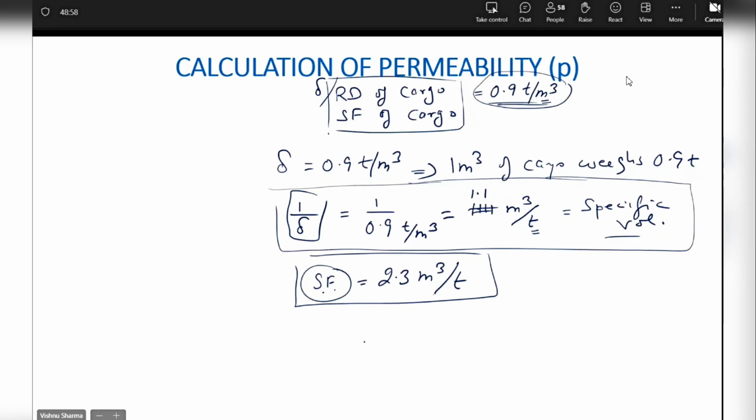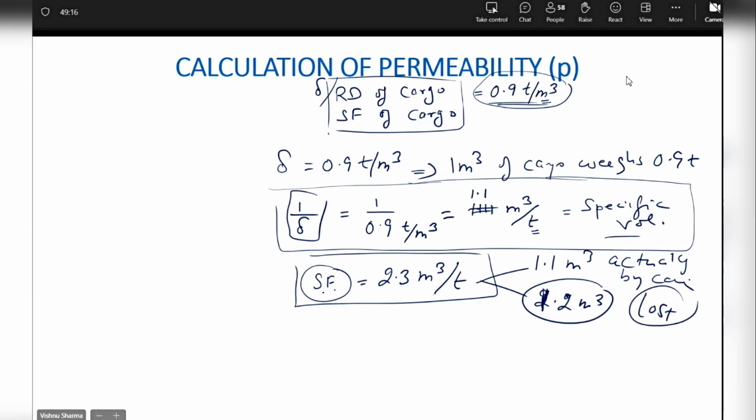Out of this 2.3 cubic meters per ton, 1.1 cubic meter is actually occupied by cargo. The remaining 1.2 cubic meters is lost, is the space lost. That is your broken stowage. Correct? Do you agree with what I have explained? Yes, sir.